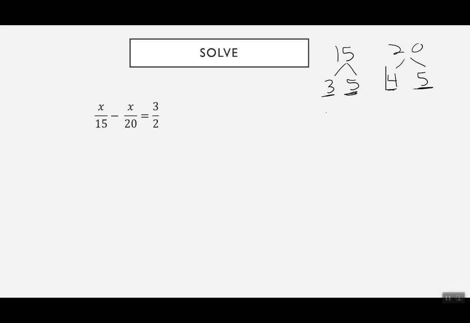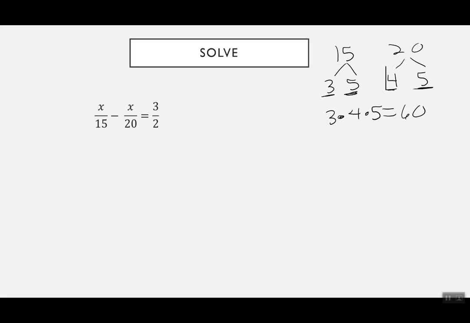So what I need to do is multiply by 3, by 4, by 5. So 3 times 4 times 5 is 60. My plan is if I multiply by 60, it should wipe out all of the fractions. It'll also take care of the 2 that I see from the 3 over 2, because we should have talked about that as well.